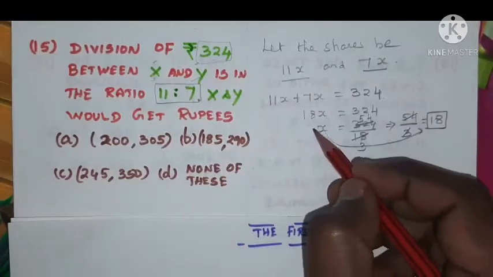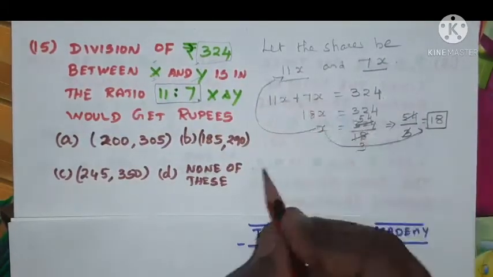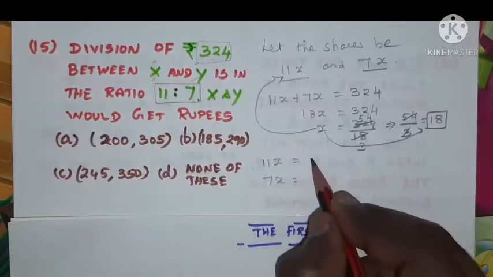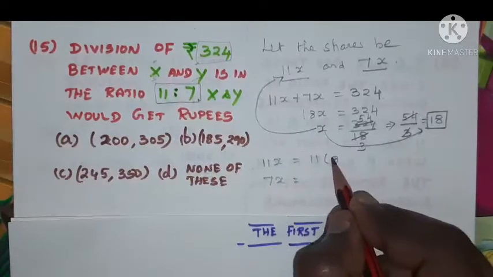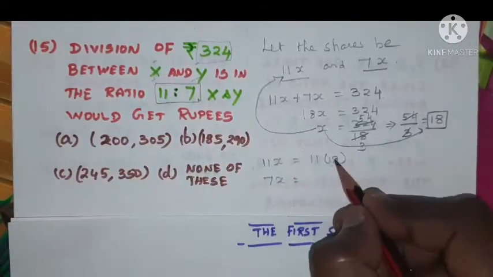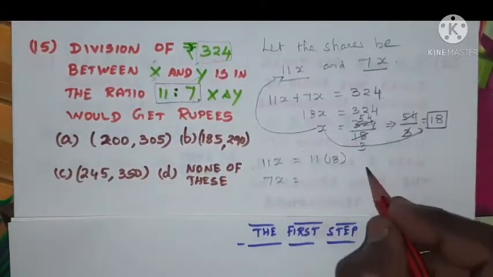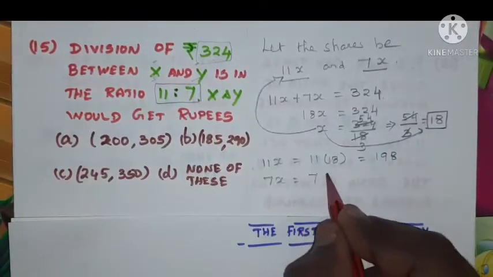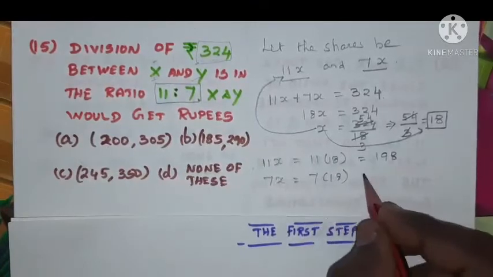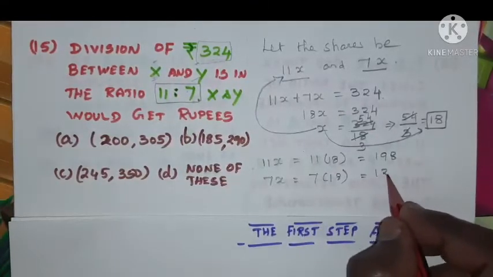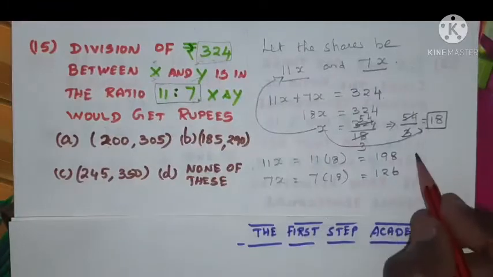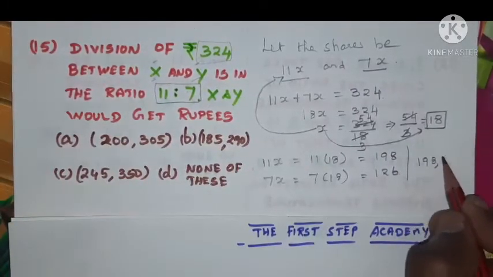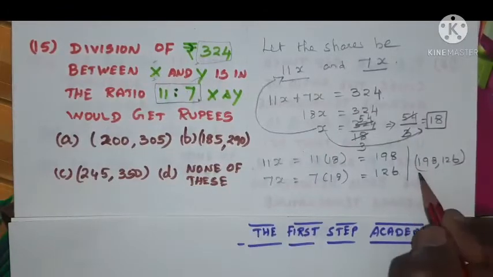Now substitute this x value into the shares 11x and 7x, where 11 into 18, if I multiply this, I will get 198. And 7 into 18, when I multiply this, I get 126. So x and y will get rupees 198 and 126.